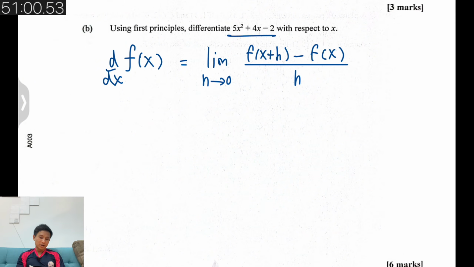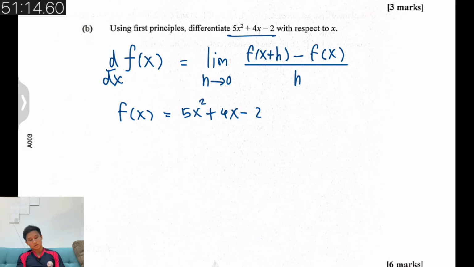Now, we're going to put f(x) as that, right? Let's see if we can complete the square, maybe. Maybe not. Maybe I shouldn't. I'm going to do f(x plus h) here. So that's just all that.